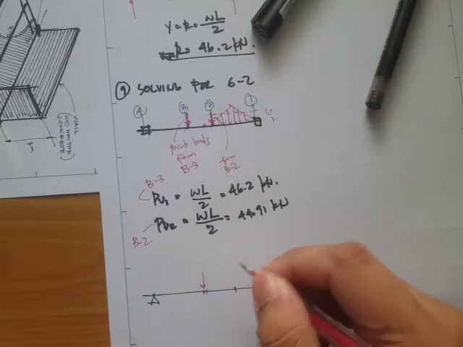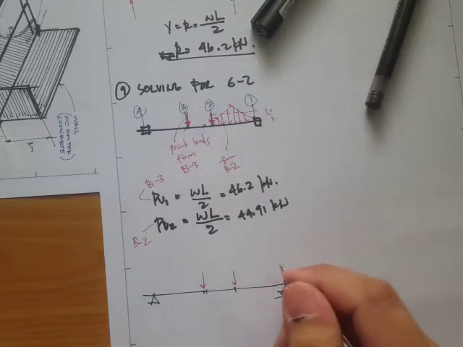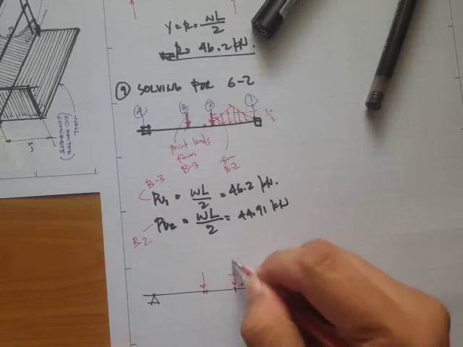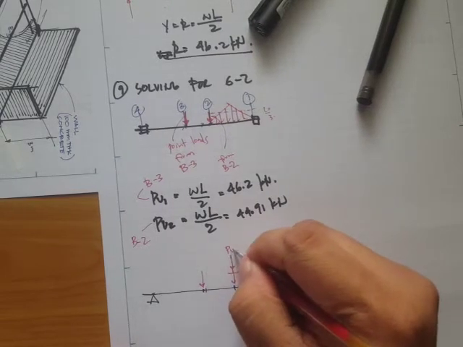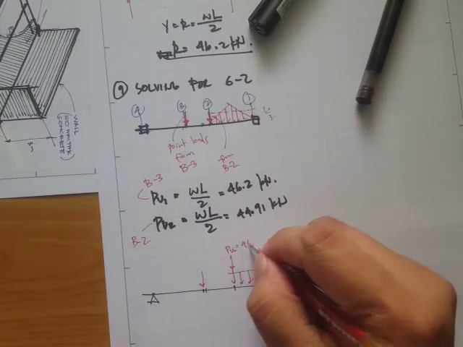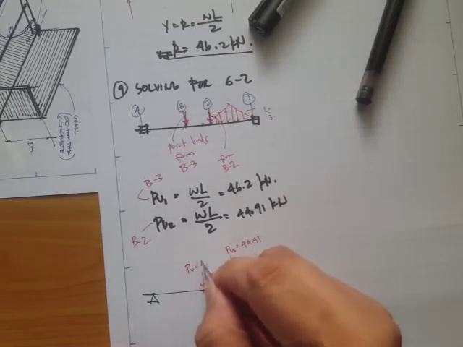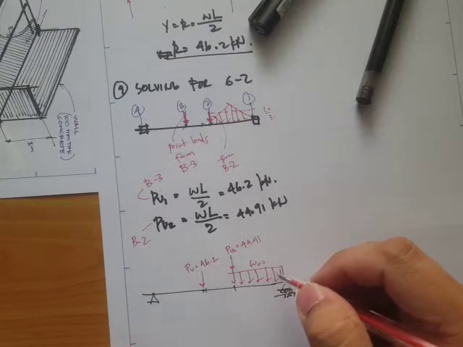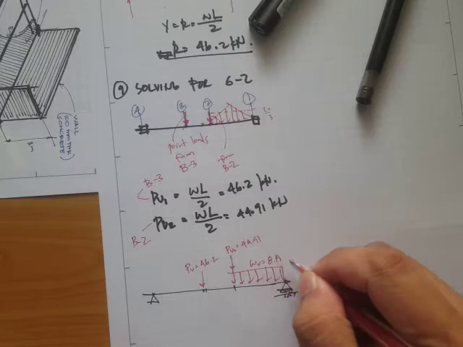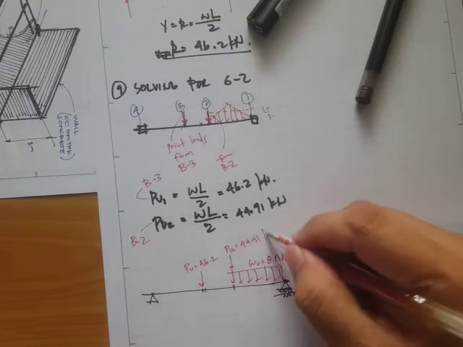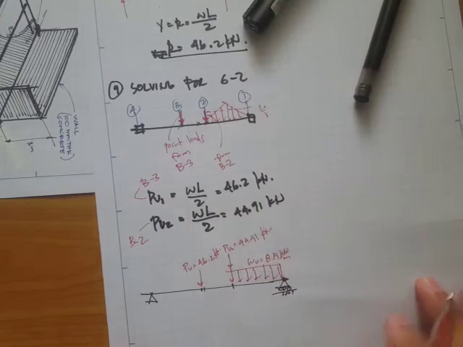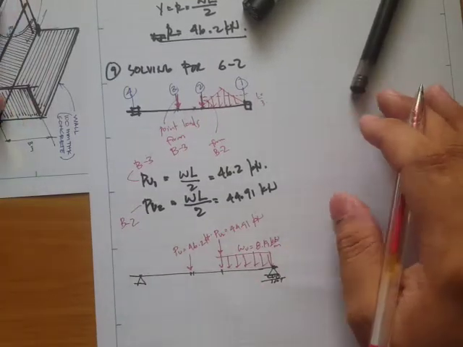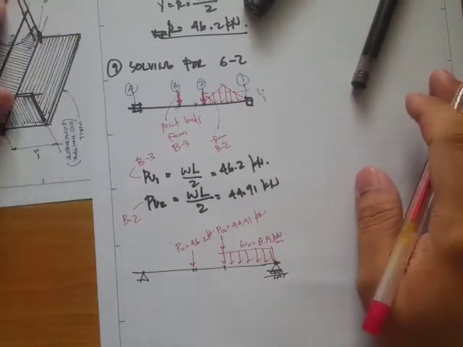So we have point loads and a distributed loading. This PU-2 is 44.91, this one is 46.2, and this one is 8.19 kilonewton per meter. This one is in kilonewton. Now if you have these loadings, then again you can solve for the maximum shear and then maximum moments.